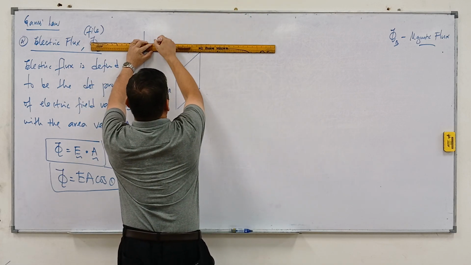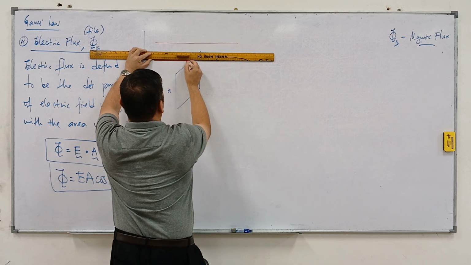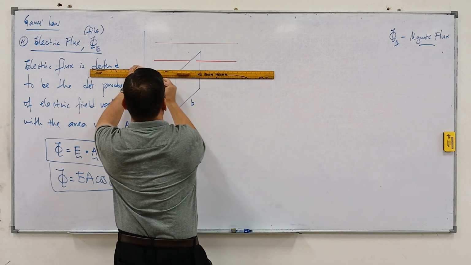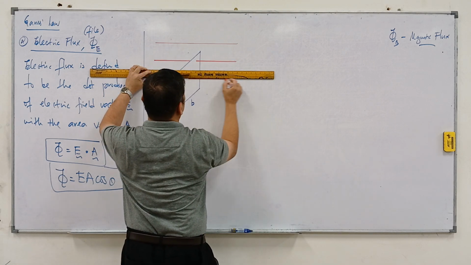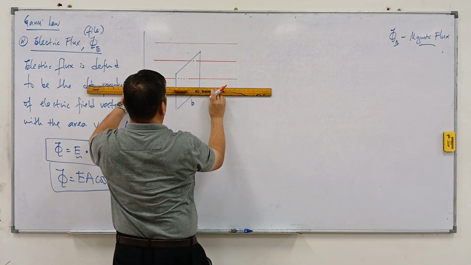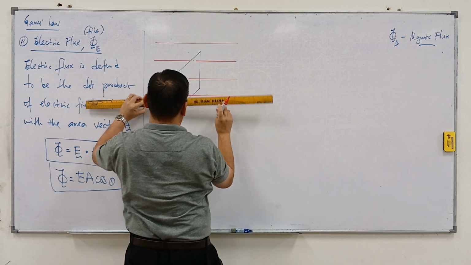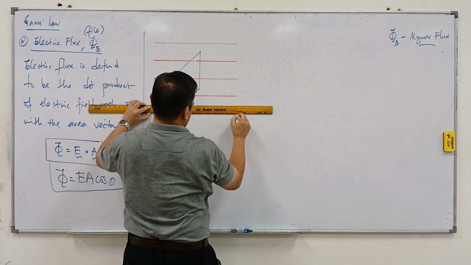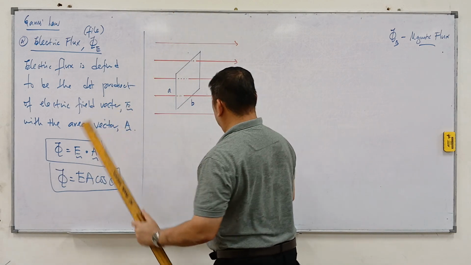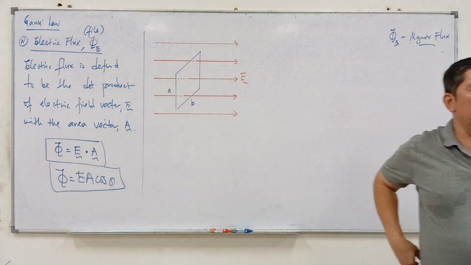So we have this electric field pointing to your right hand side, and this is the one that passes through it. We might use a dotted line to represent that it goes behind. So we have electric field, vector E.